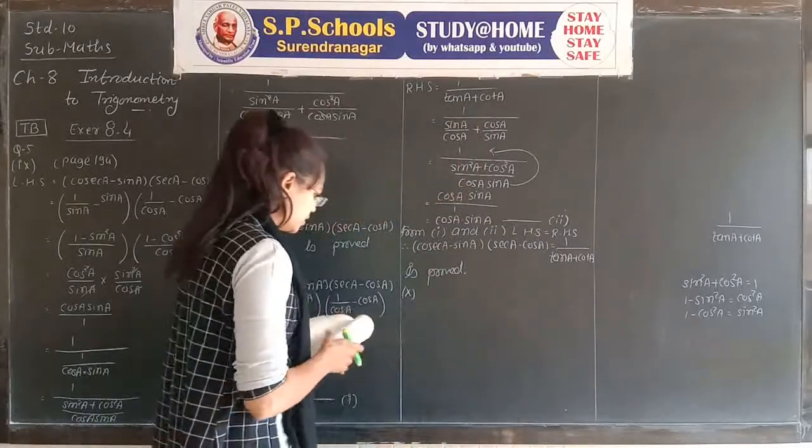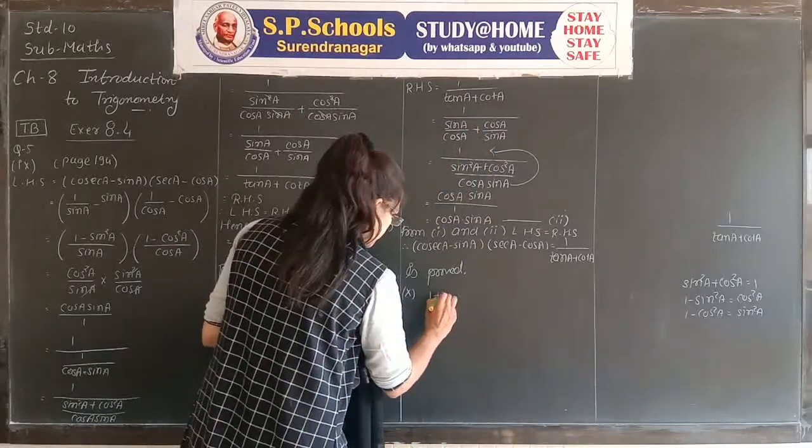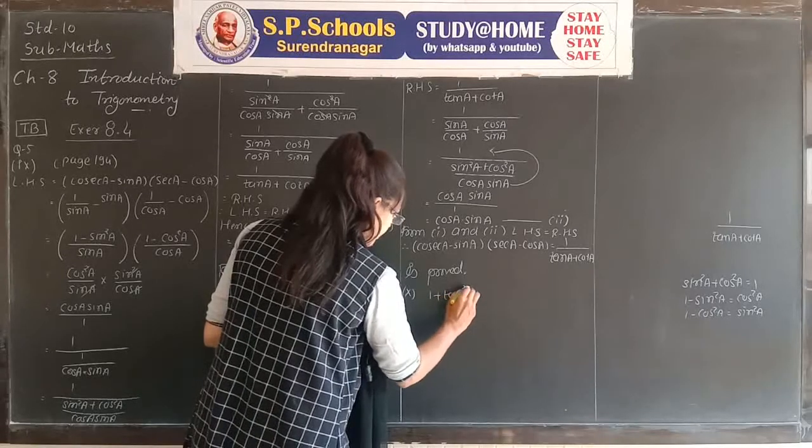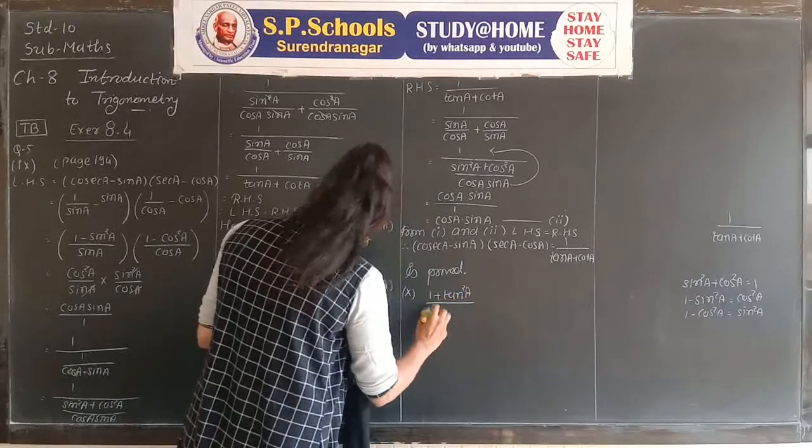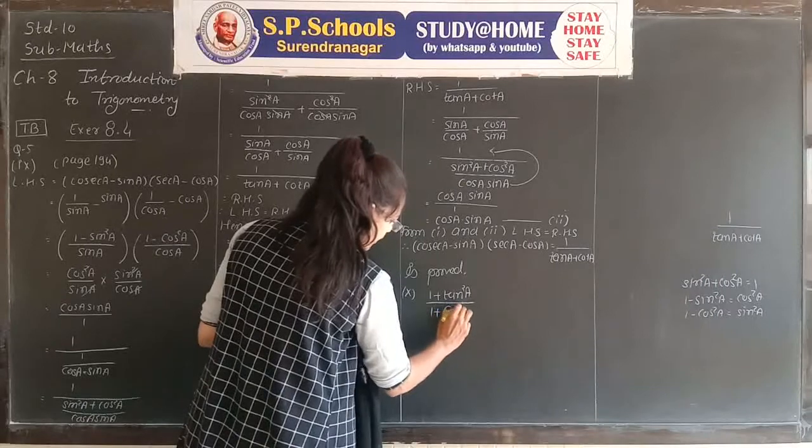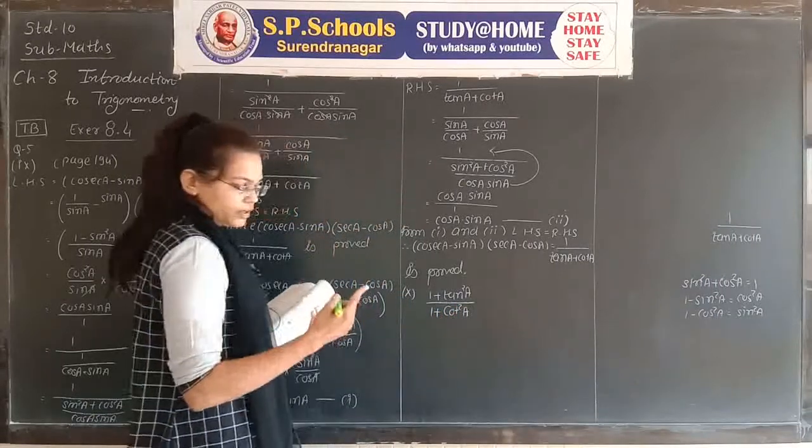square. The first is 1 plus tan square A upon 1 plus cot square A. Convert cot into tan.